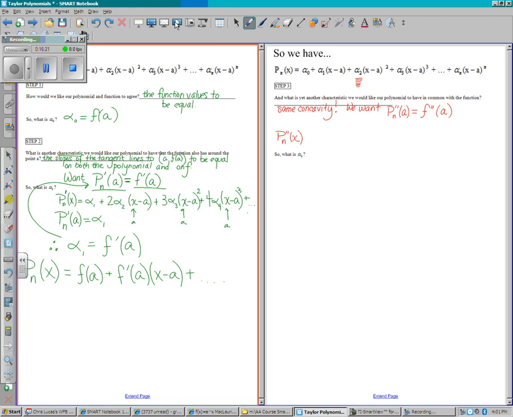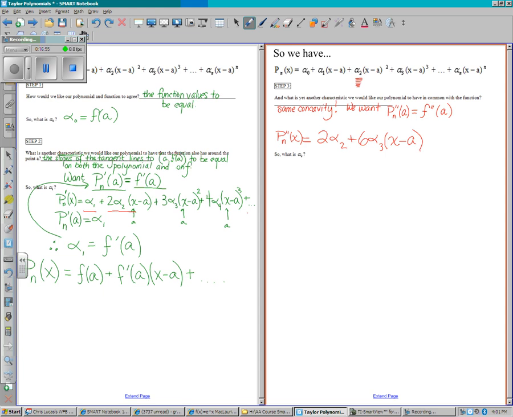So the second derivative is going to equal, this term alpha sub 1 zaps that, I will have 2 alpha sub 2, plus 6 alpha sub 3 times x minus a, plus 12 alpha sub 4 times x minus a squared, plus and so on.